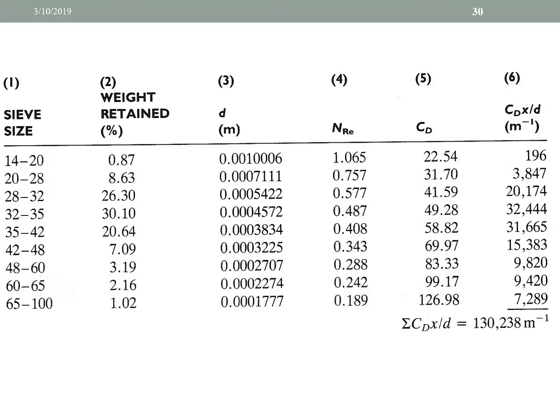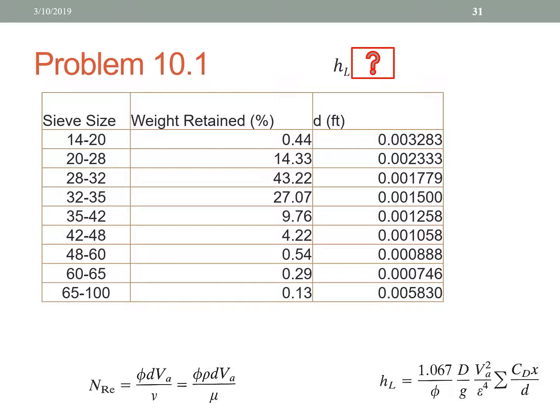But you have to be careful. Column 2 is 0.87%. When you calculate, you have to divide 0.87, for example, over 100. So after you did all of the numbers in column number 6, you find the total, the sum of all of the sieve analysis at the right, and then put it in the formula as you see here.